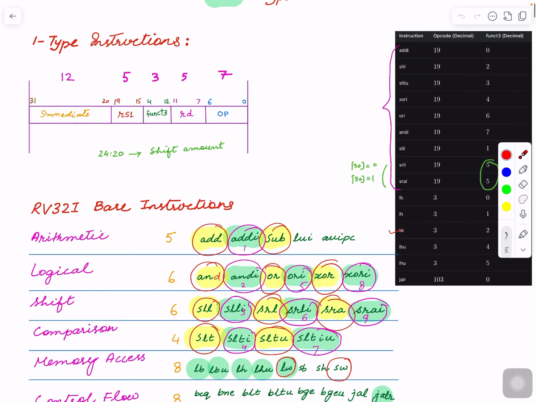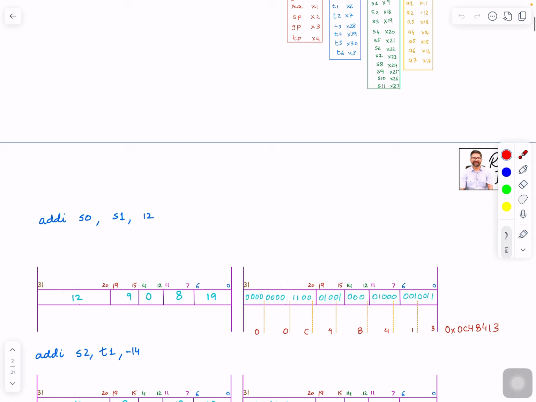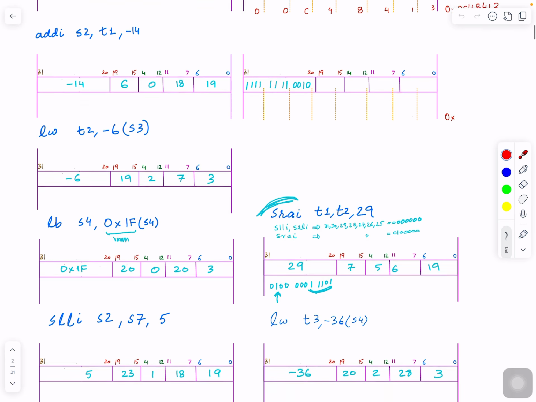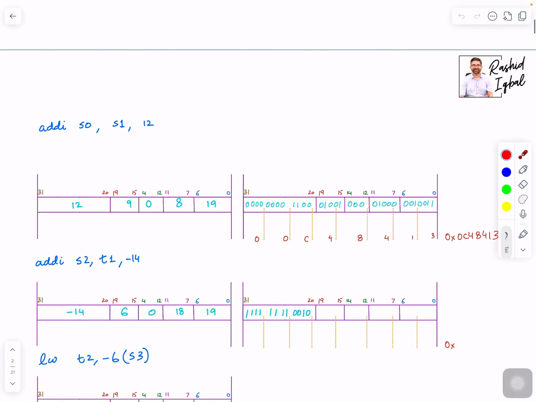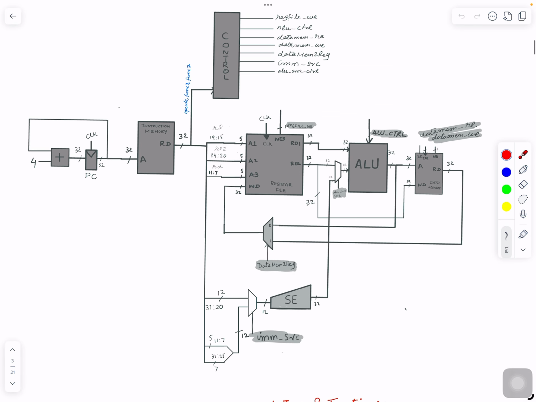Okay, so how are we going to do this? So if you remember, I don't know, do I need to go through these examples? So let's go into this architecture. This is the architecture we have so far, with all the instructions that we have done prior to this.